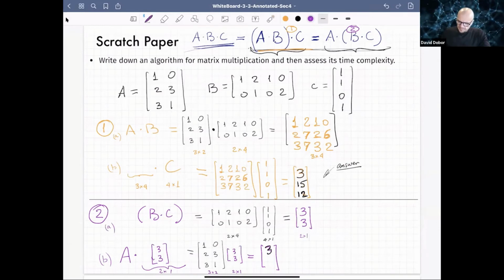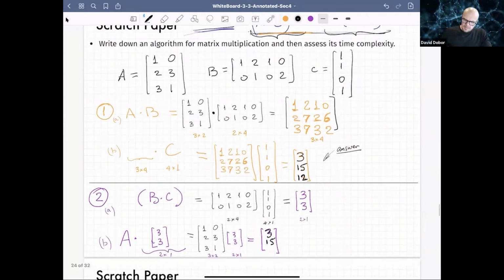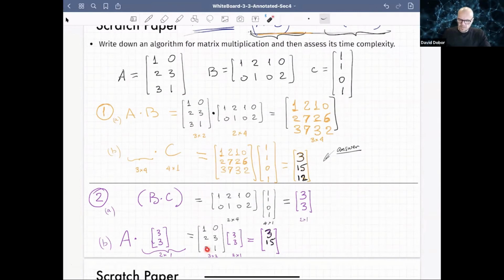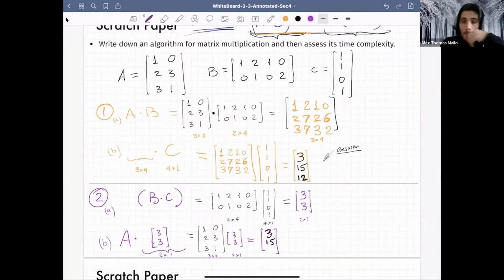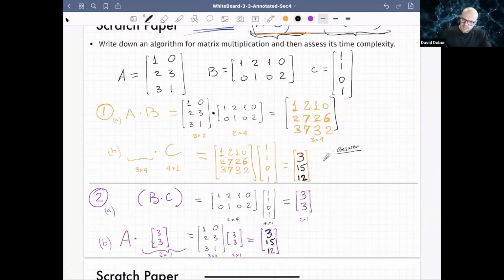That's 15, right? So help me out. 3 times 3 plus 1 times 3. I think that's 12. I think I agree with you. So that's going to be 12. So that's the answer.